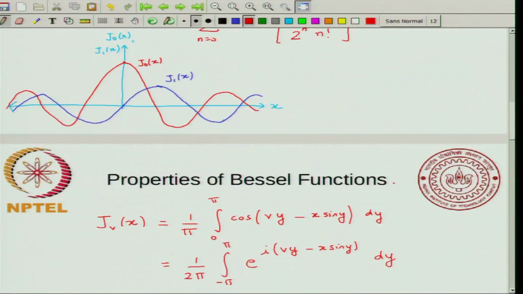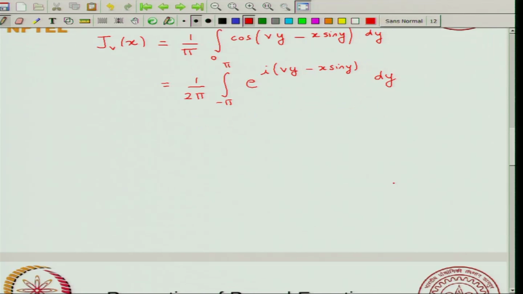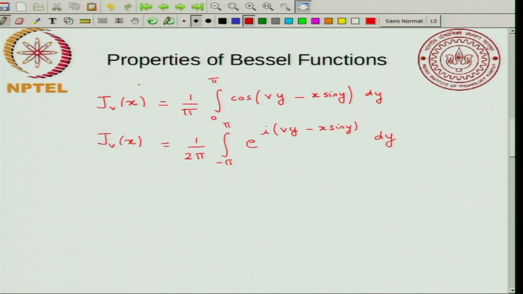You have to work it out. You have to do a Taylor expansion and then do the integral, okay. But I won't bother with that. I'll just mention that this is one of the integral expressions, okay. I don't expect you to remember these expressions, but these are good things to know. And in fact Bessel had originally used some of these expansions to derive some properties of the Bessel functions.